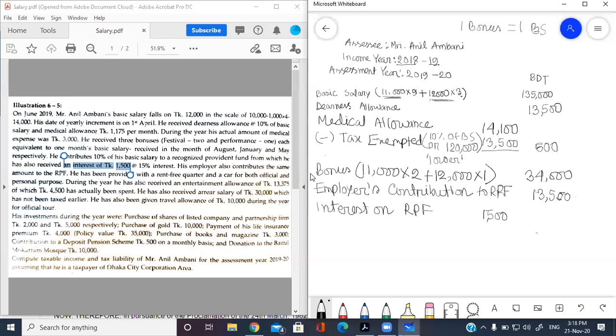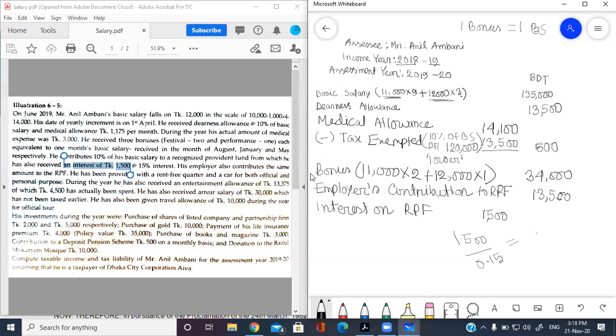Okay. So we have been given the information that the interest amount given in the problem has been actually charged based on 15%. So if 1500 has been calculated based on 15%, and now if I divide this number by 0.15, can I get the 100% amount?